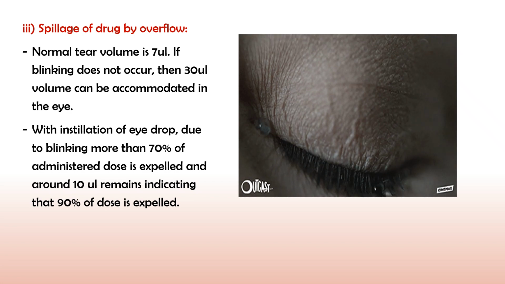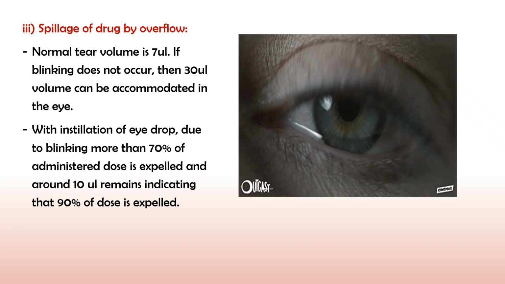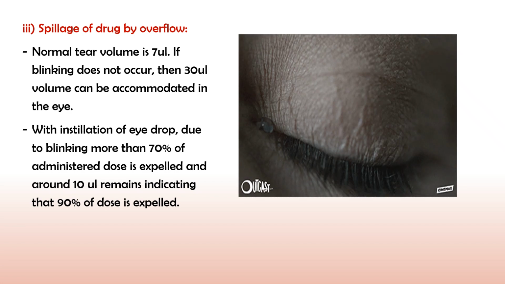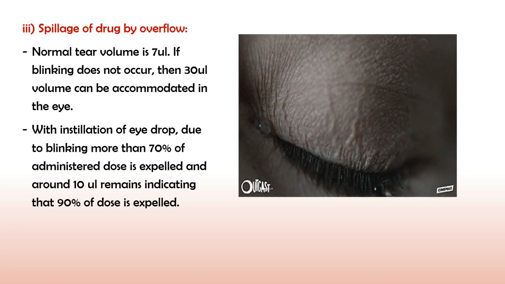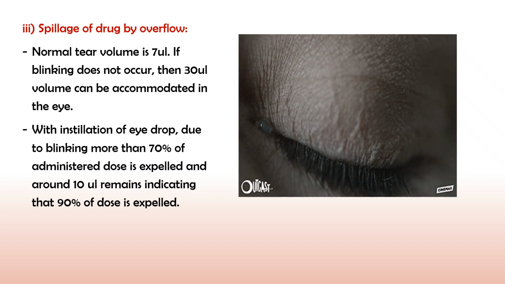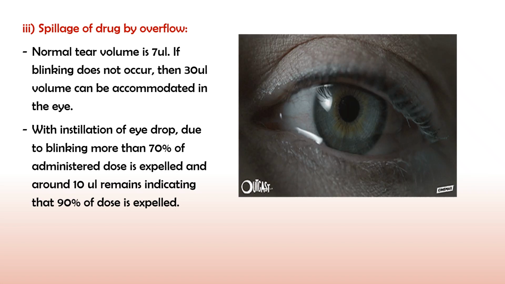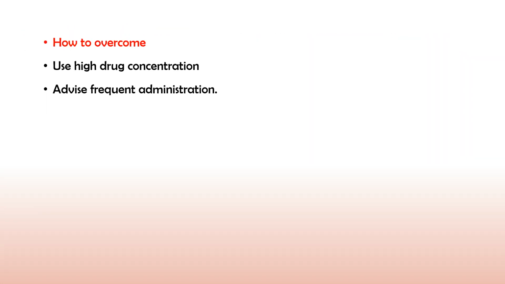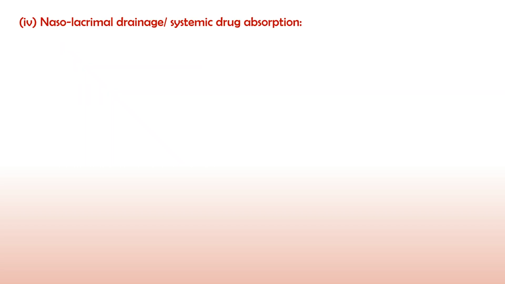Okay, now when you blink your eye, almost 70% of the administered dose is expelled, and only around 10 microliters remains on the eye surface, so in this case 90% of the drug is lost and very little is available for absorption. So how can you overcome this? You can use high drug concentration, or you can advise frequent administration.